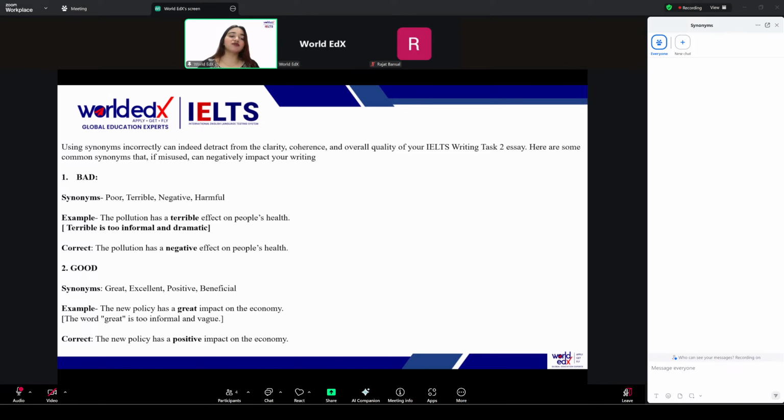So instead of great, here you can say the new policy has a positive impact on the economy, or it has a very beneficial impact on the economy, because again, these words are used more formally. And remember, in the essay, the more formal vocabulary you use, the better the chances of you scoring a higher band score. If you look at the band descriptors, they have written that you have to use formal vocabulary only. So make sure that you do that.